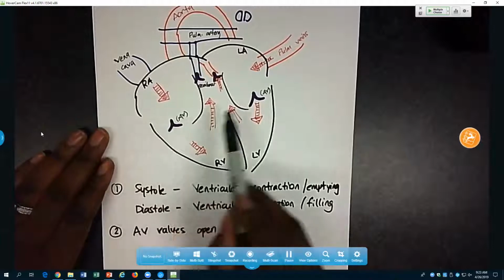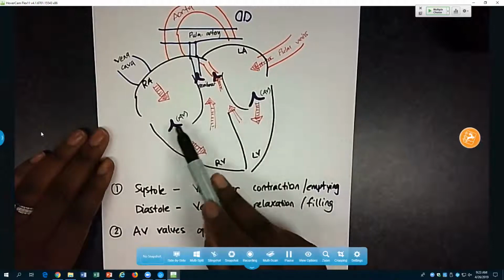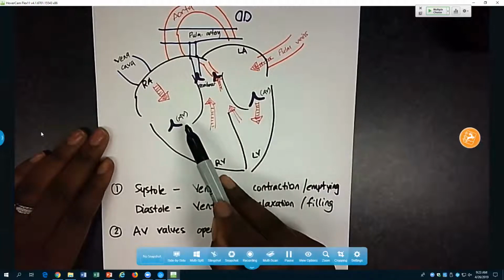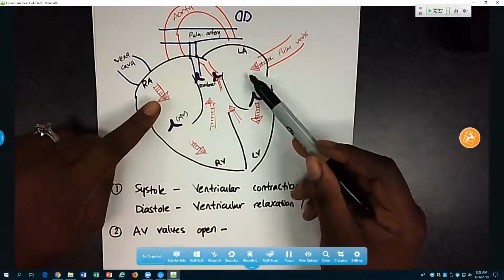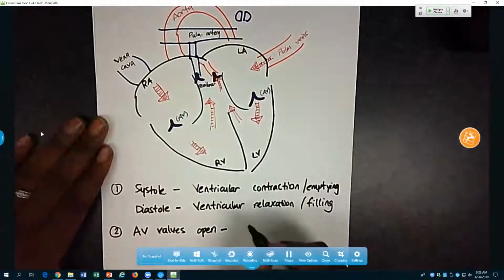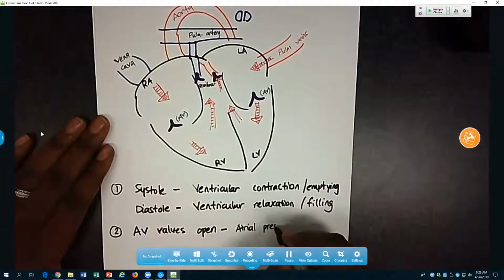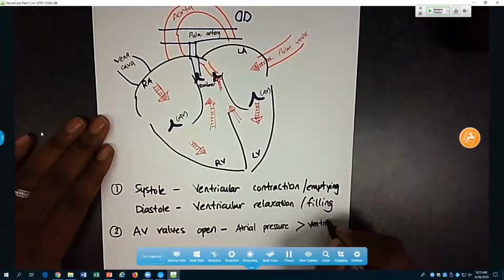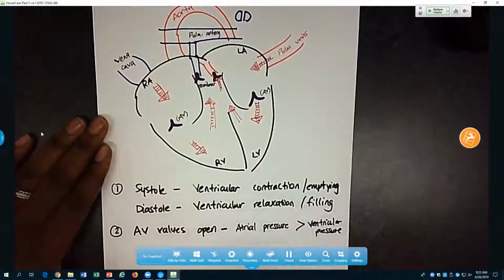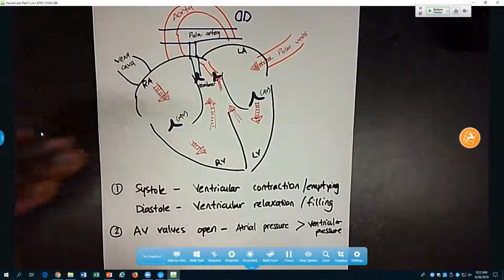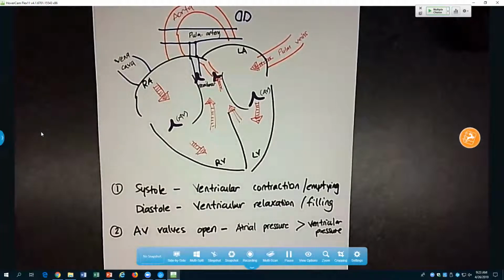So the AV valves, which are these two valves, will only open when the pressure in the atria is greater than the pressure in the ventricles. Okay, so atrial pressure is greater than ventricular pressure. And so blood will move as the valve passively opens because of that pressure gradient.